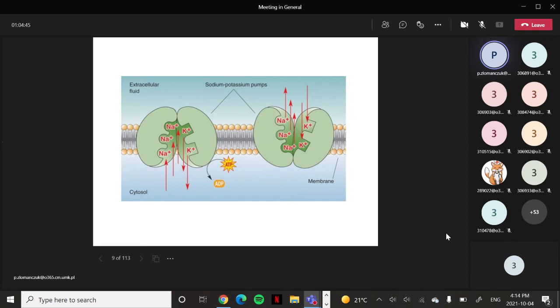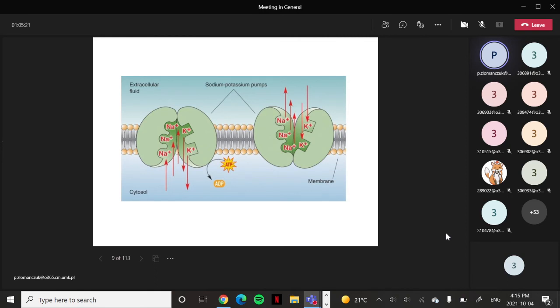The pumps, especially sodium potassium pumps, are also important for maintaining the water balance of the cell. As you know, water molecules can cross the lipid bilayer. It's not very easy for them, but they can do it without any carriers. Because the concentration of all substances within the cell is much higher than outside of the cell in extracellular fluid, water is in a sense leaking all the time into the cell.